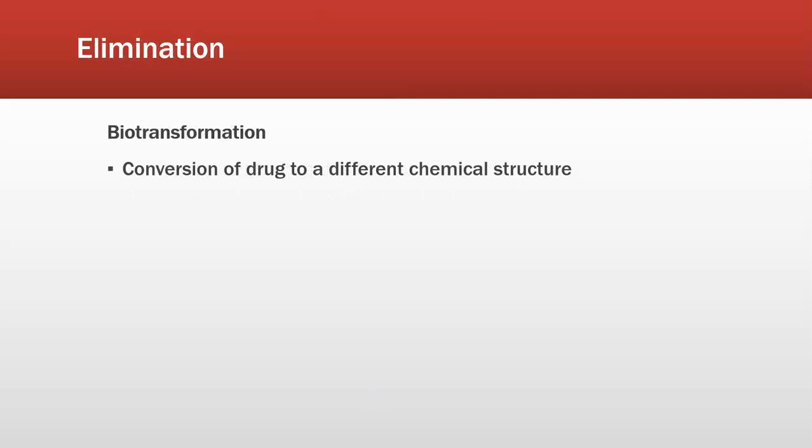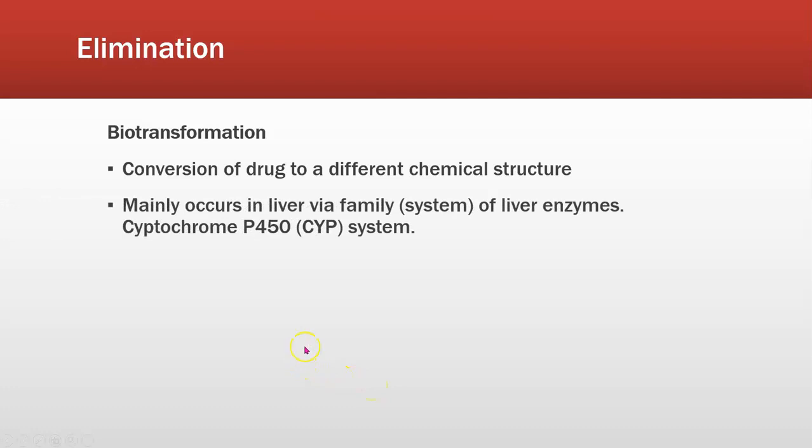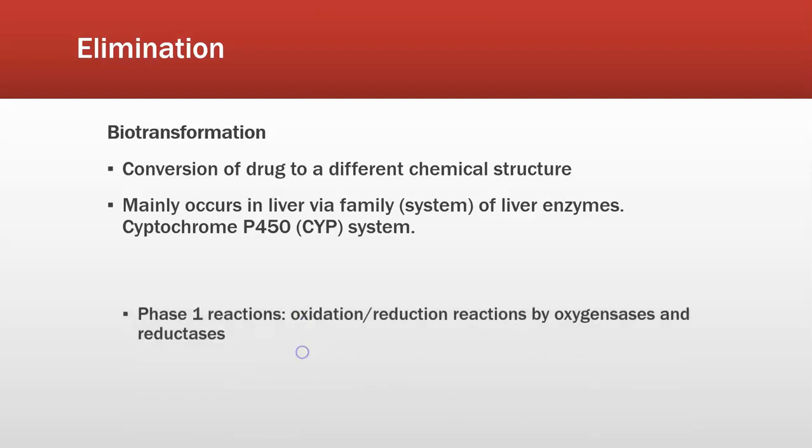Let's talk about elimination, which goes through biotransformation, and that's conversion of a drug to a different chemical structure. It mainly occurs in the liver, and that's through the CYP or cytochrome P450 system, which is a family of liver enzymes.